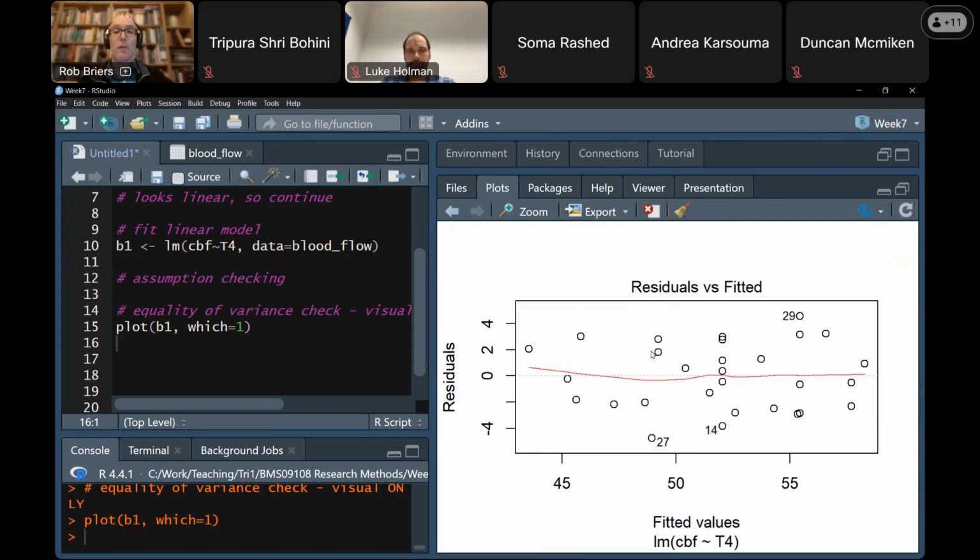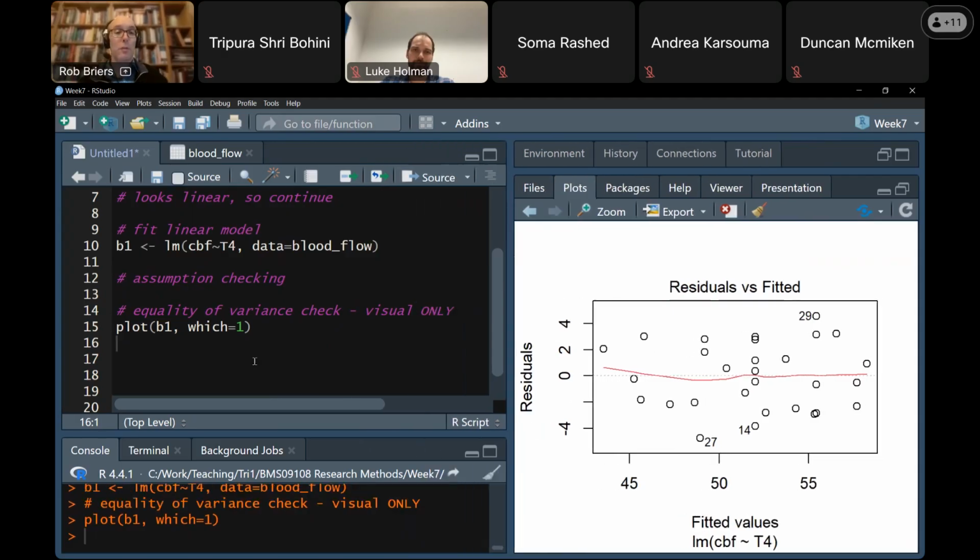As I say, there's no test here, so this is where you have to really know how to interpret these, and just look for any obvious change from left to right. You can get a situation where you have a very wide range here and a narrow range here, but it's much more common, particularly in biological data, to get a very narrow range on the left and a wide range on the right, an increase from left to right.